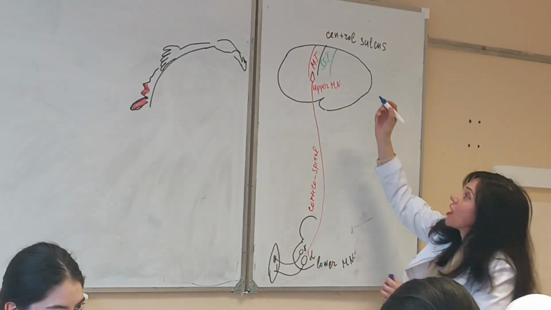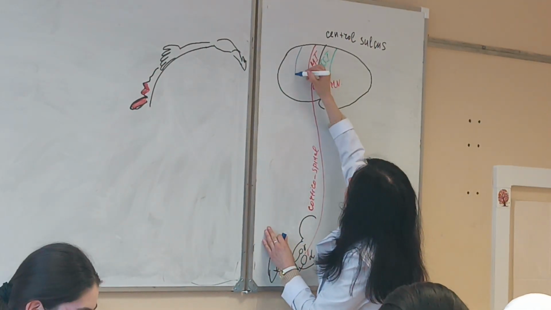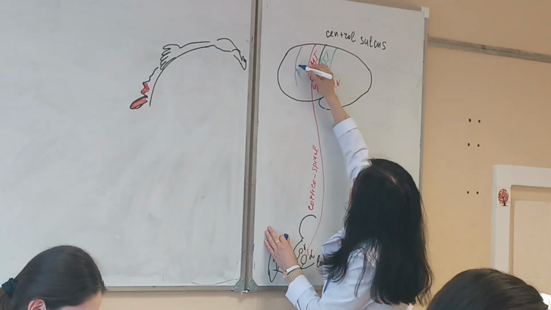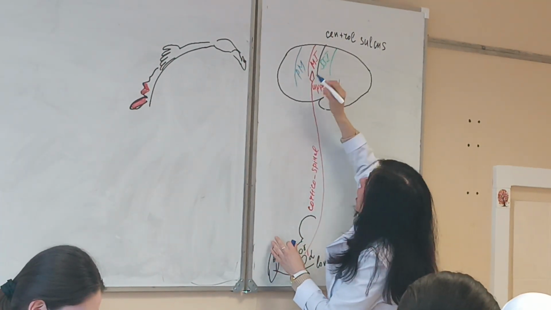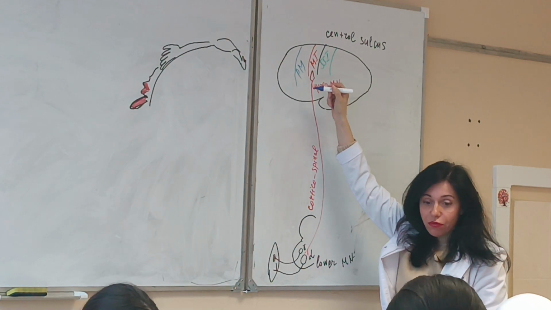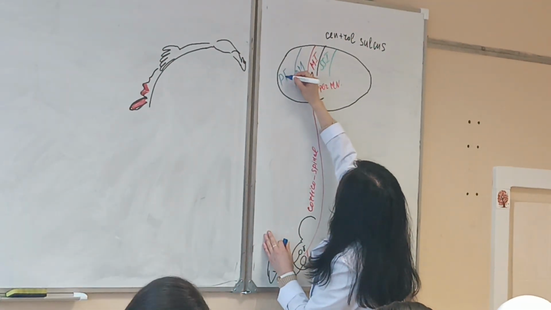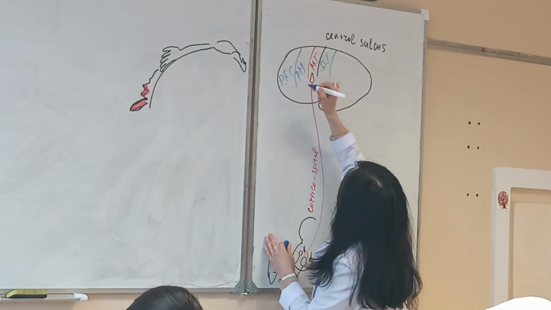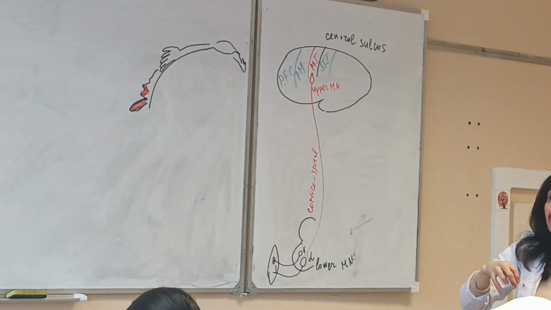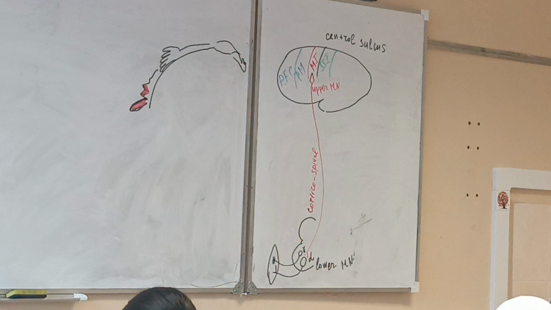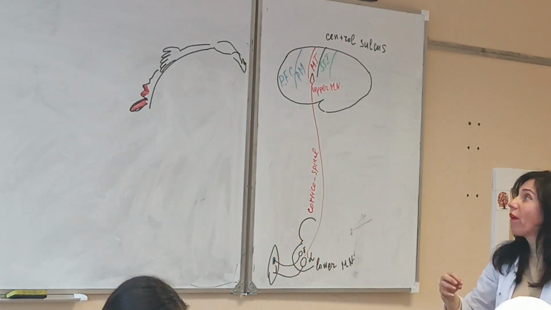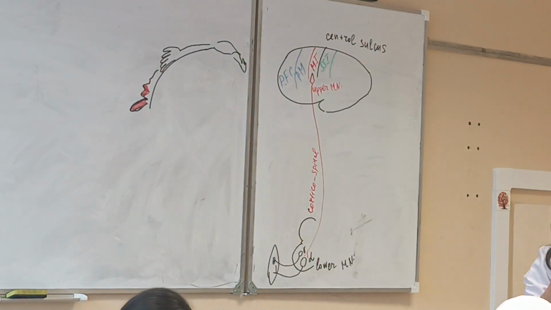The zone in front of the primary motor cortex is called premotor, and the zone in front of that is called prefrontal cortex. This is the start of movement, the start of behavior. Behavior starts with excitation of the prefrontal cortex.